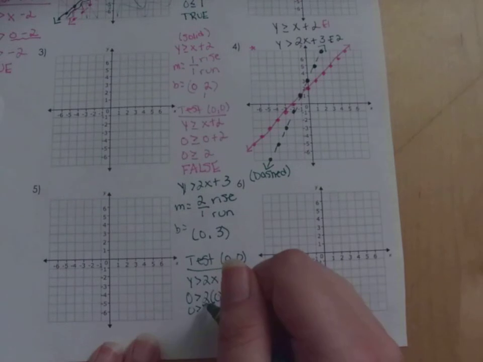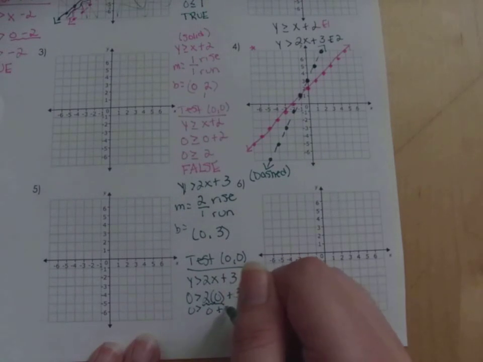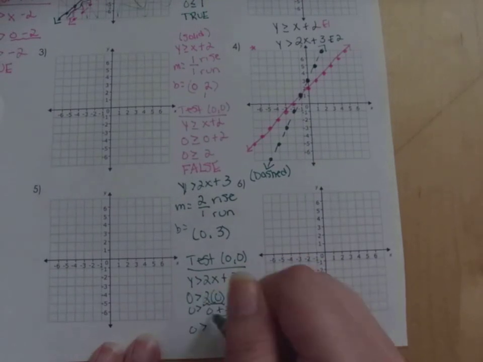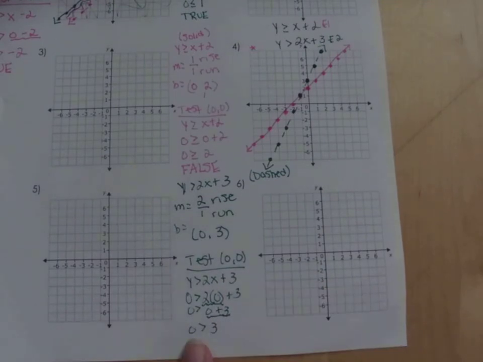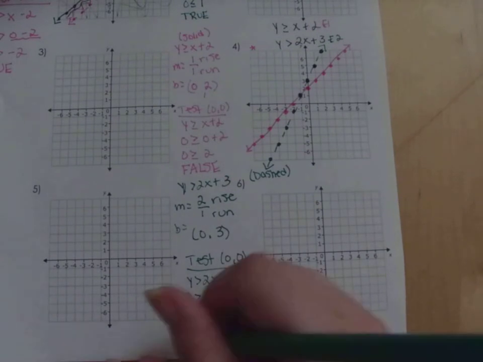We want to take 2 times 0 first, which is 0, and then 0 plus 3, which is 3. So now we ask ourselves, 0 is greater than 3. Is that true or false? Is 0 greater than 3? No, 0 is not bigger than 3, so that's false.